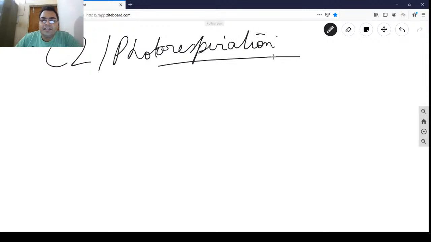It causes the net usage of 2 NADH, which are used up to form 2 NAD plus.